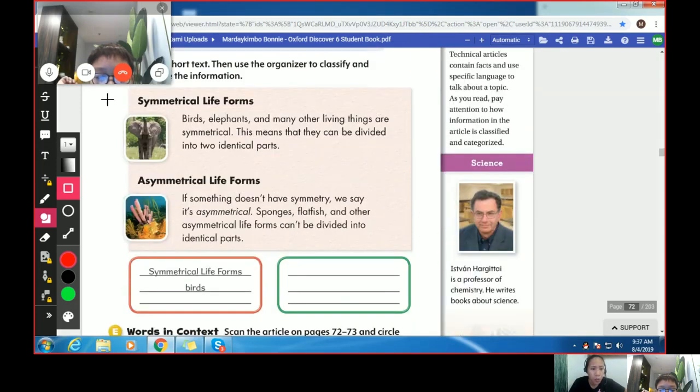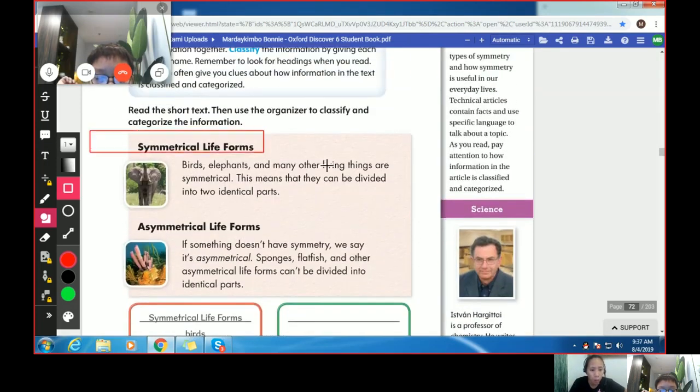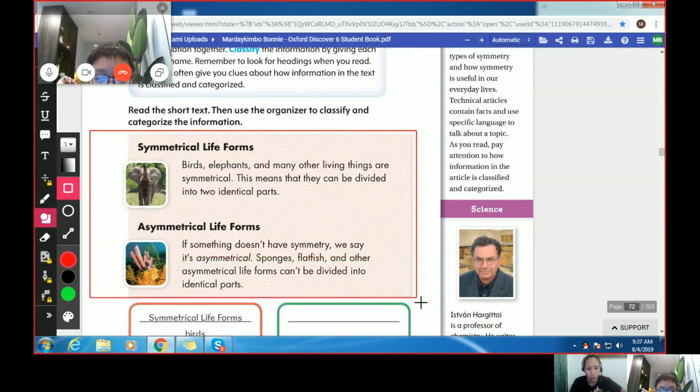All right. So let's have this one. I want you to read this: symmetrical life forms and asymmetrical life forms. Birds, elephants, and many other living things are symmetrical. This means that they can be divided into two identical parts. Very good. Asymmetrical life forms.